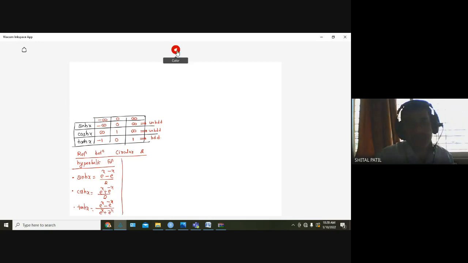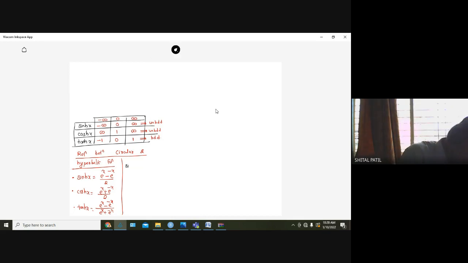Now let me write the corresponding circular functions. Sine x is e raised to ix minus e raised to minus ix, divided by 2i. Cos x is e raised to ix plus e raised to minus ix, divided by 2 only, not 2i.